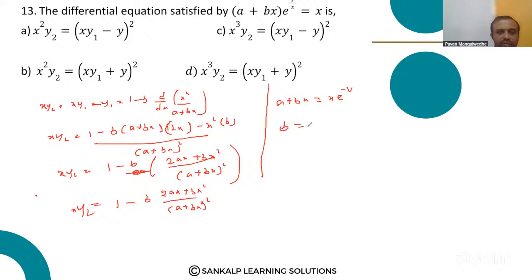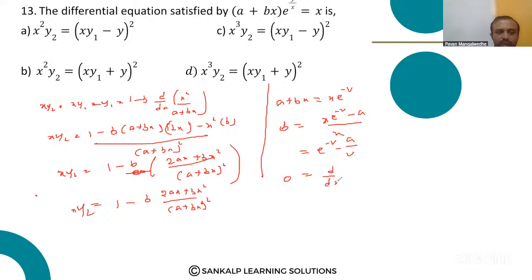V is equal to x into e raised to minus v minus a upon x, which is equal to e raised to minus v, e raised to minus v minus a by v. Now differentiate this equation with respect to x. The constant p becomes 0.